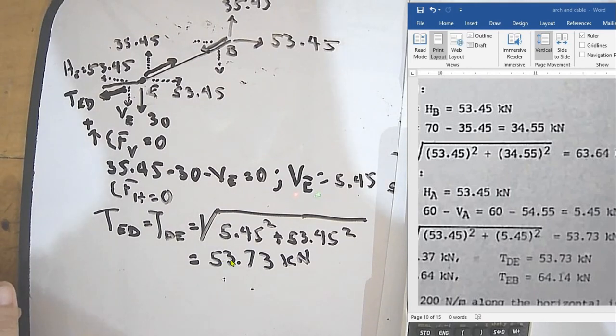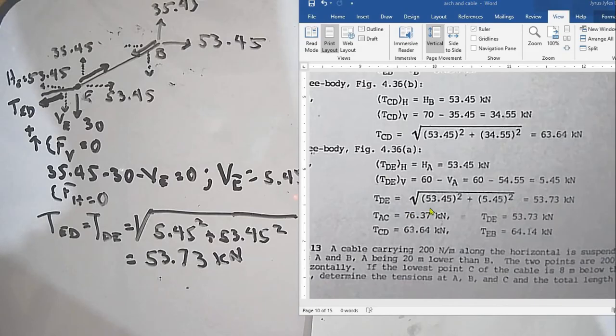Let us compare this solution with the book. Okay, so ayan siya, 53.73, 53.45 squared, yan, tapos 5.45 squared, ito siya. And then, ito yung mga summary ng member forces.